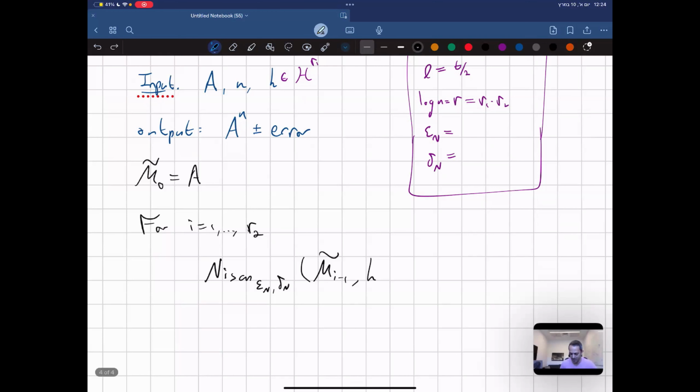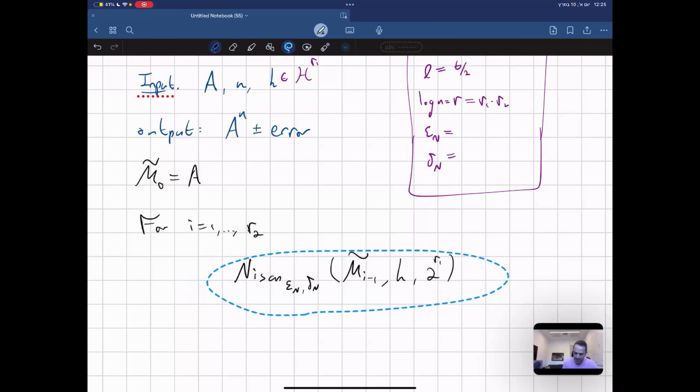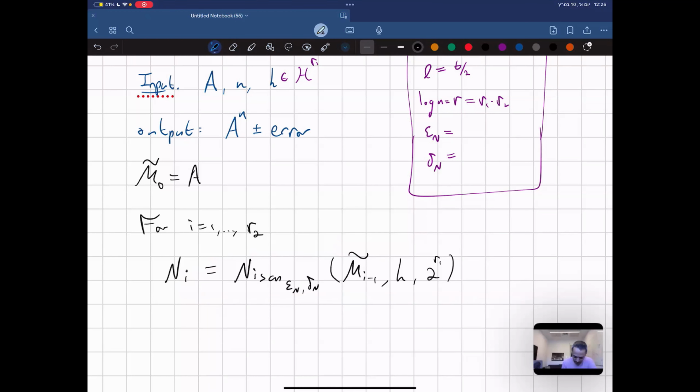And I need some parameters. I mean, we all know what the parameters are. So I'm going to use this H to approximate this matrix to this power. Okay. Now that's not going to be my M_i tilde, because it does depend on H. So let's call it N_i for Nissan.